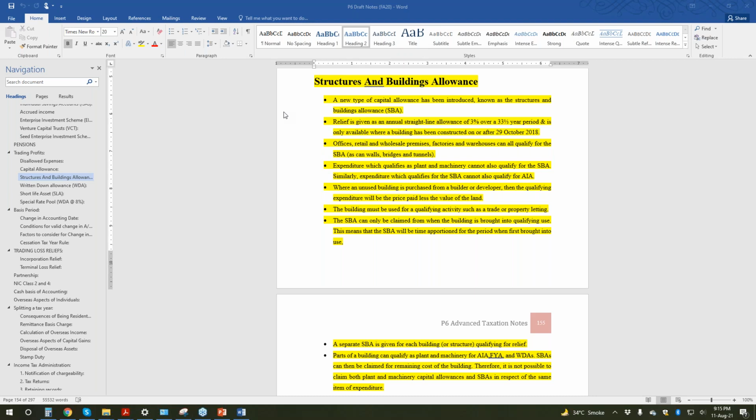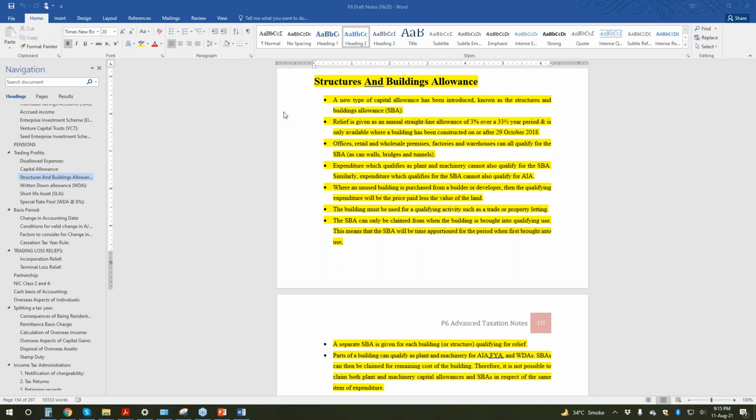So if you multiply 3 by 33.5 years, you will get 100% depreciation. Buildings can survive even way more than that. So even if your building survives for 50, 60, 70 years, you'll get the 100% depreciation in 33.5 years.